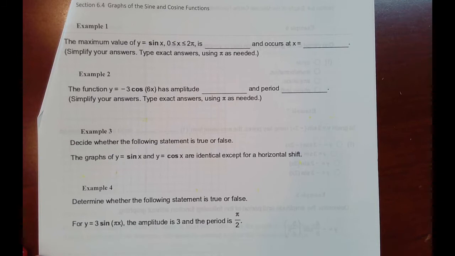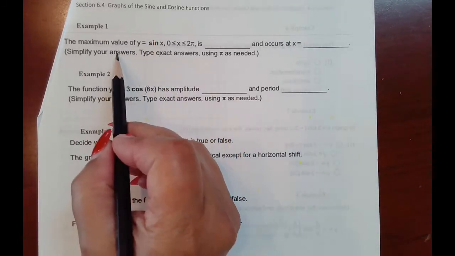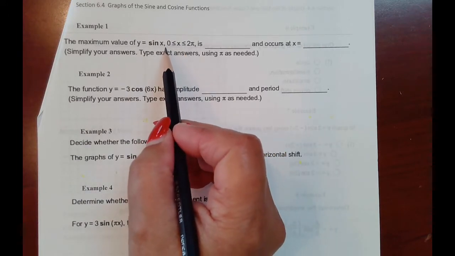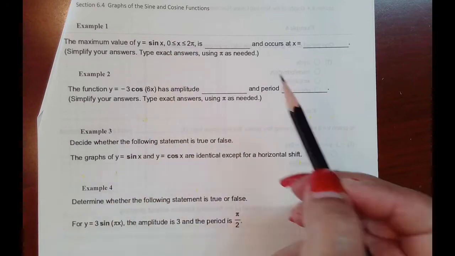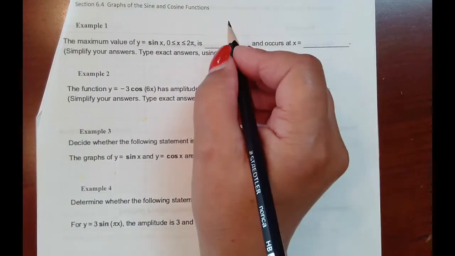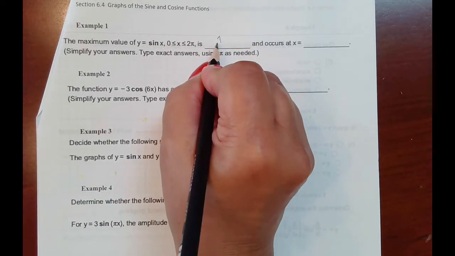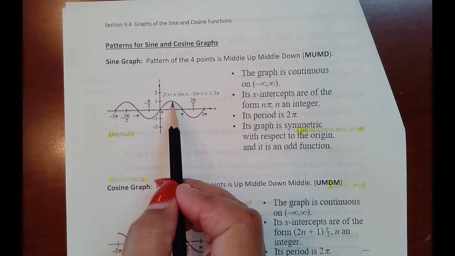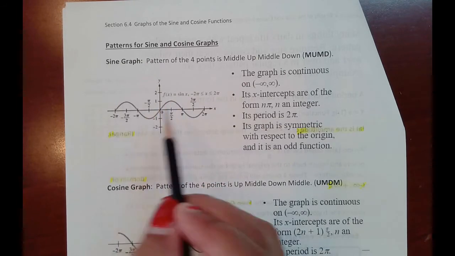So in this first example, maximum value of y is equal to sine of x. The graph between 0 and 2 pi on the x-axis is 1. That is the highest that graph goes, and that's why I put these graphs for you here again. It goes as high as 1 and as low as -1.